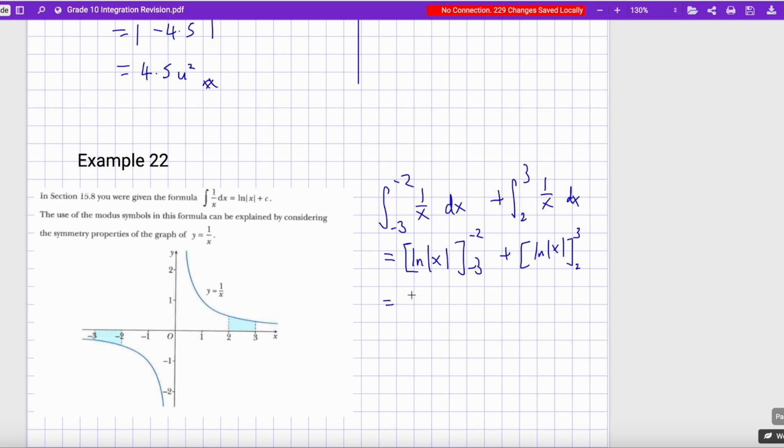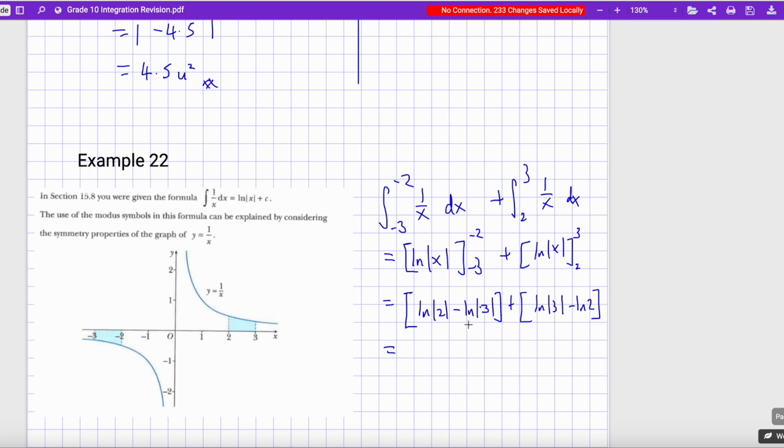All right, substitute in. This would be ln 2 minus ln 3. Sorry, yeah, ln 2 minus ln 3. Okay. Why I put positive? Because mod negative will be positive anyway. So I just put positive straight away. So this would be ln 3 minus ln 2. Okay. So that is how you find the area.